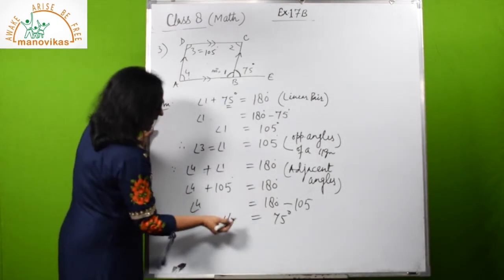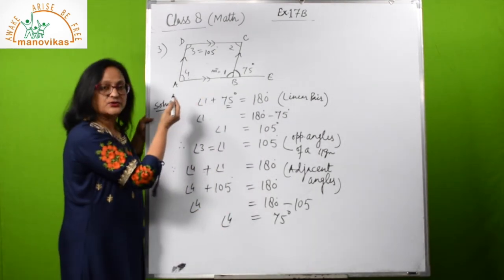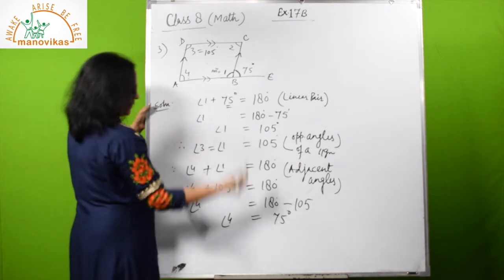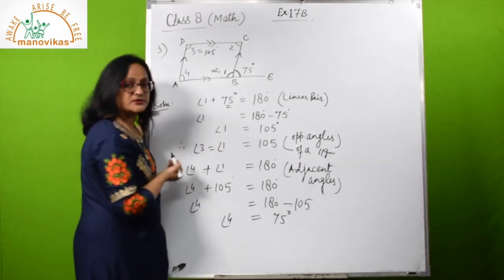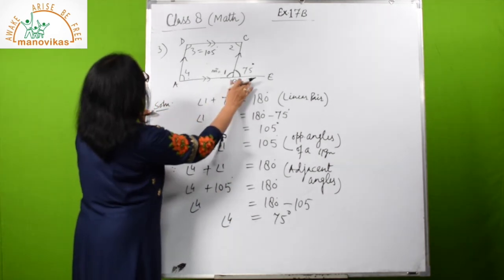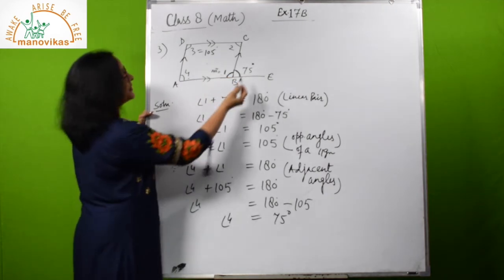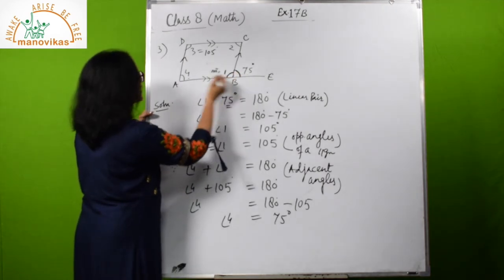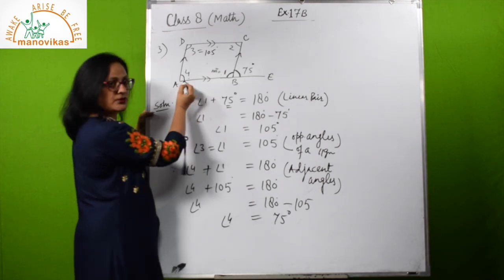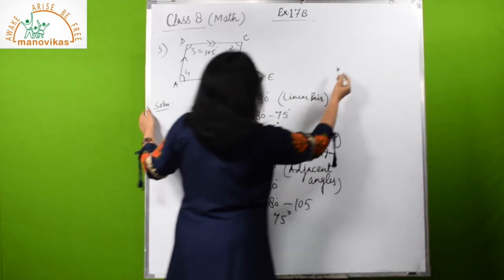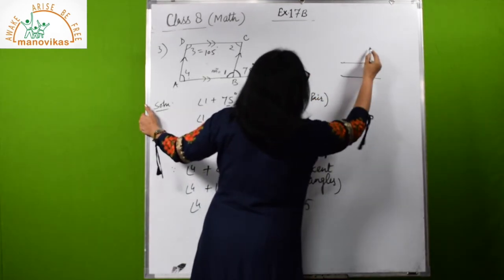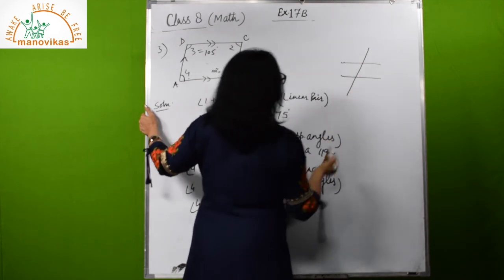One more angle is there that you can find directly. This way we have found angle 4 is equal to 75. But if in the figure you see, there is one more connection between this 75 exterior angle and this angle 4. If you can recognize here, two parallel lines are there and this is the transversal.